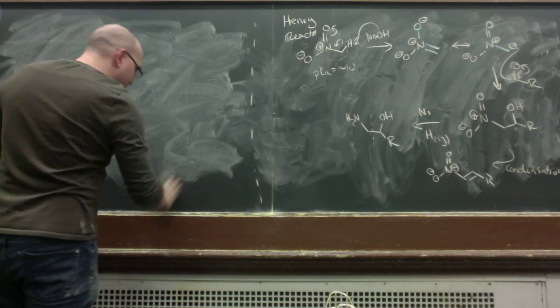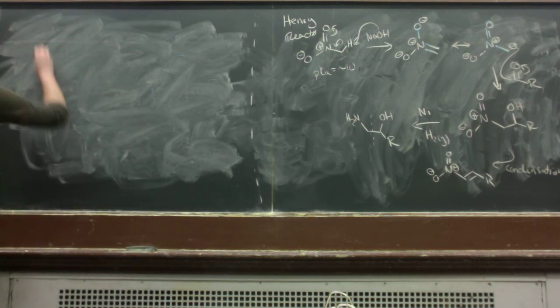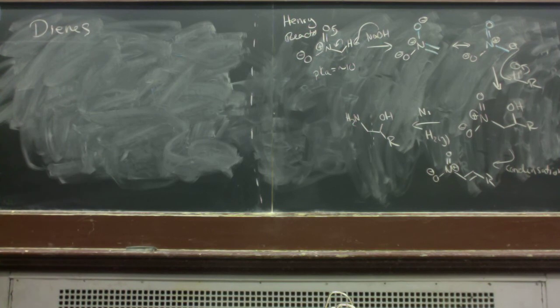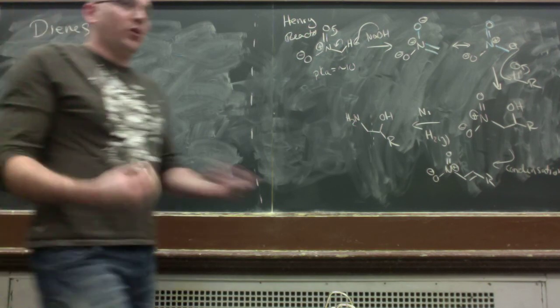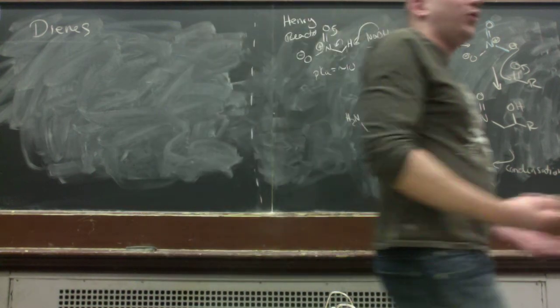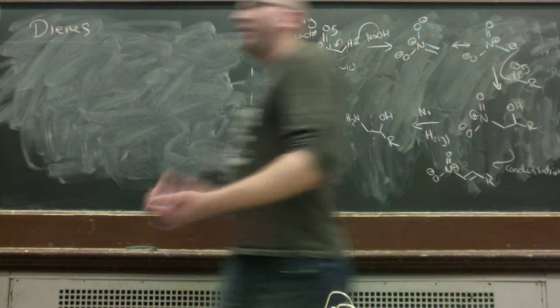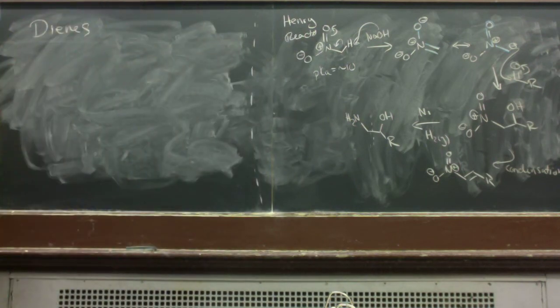Okay, so a couple things about dienes. Dienes can come in a couple different forms. What is a diene but a molecule that has two alkenes? And obviously two alkenes can be anywhere in a molecule.